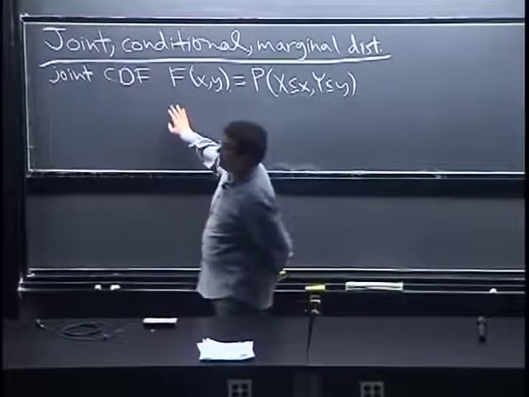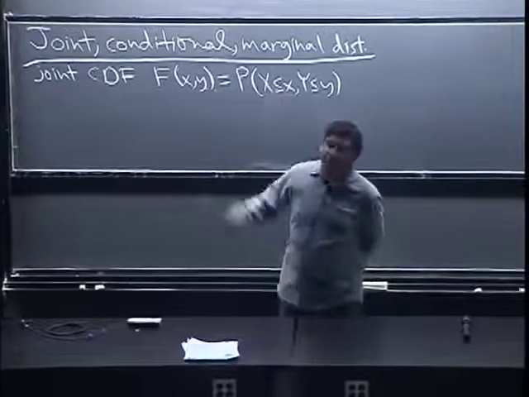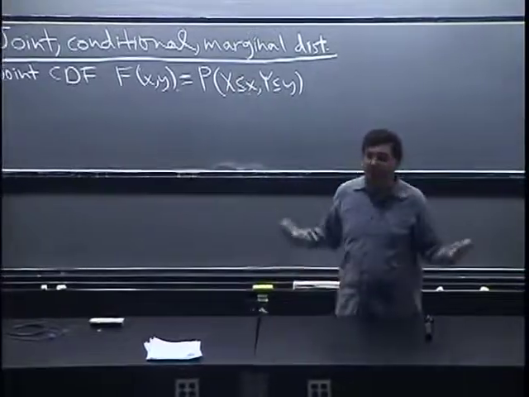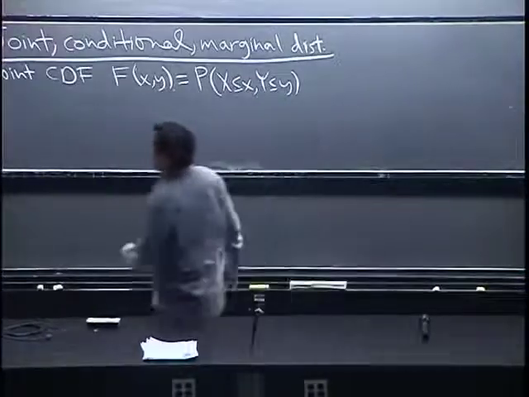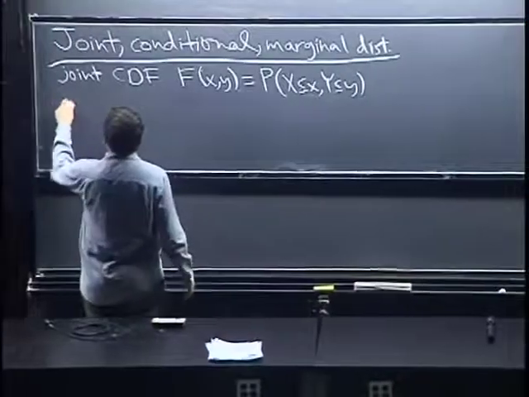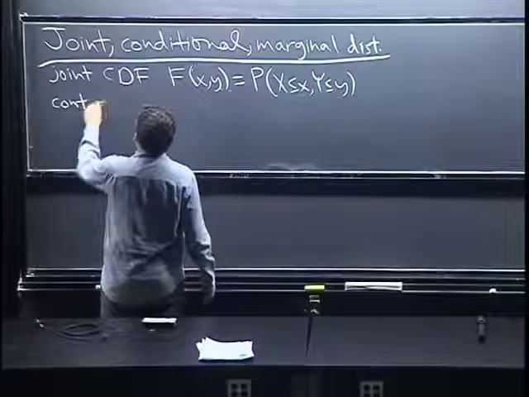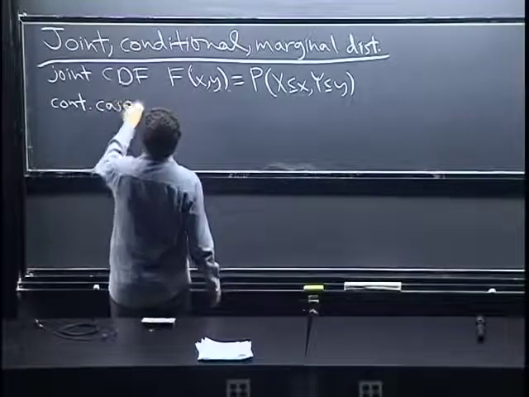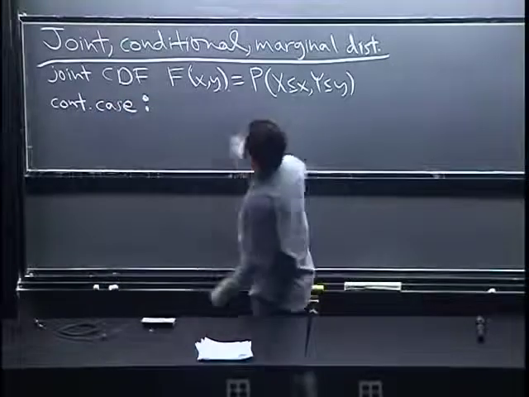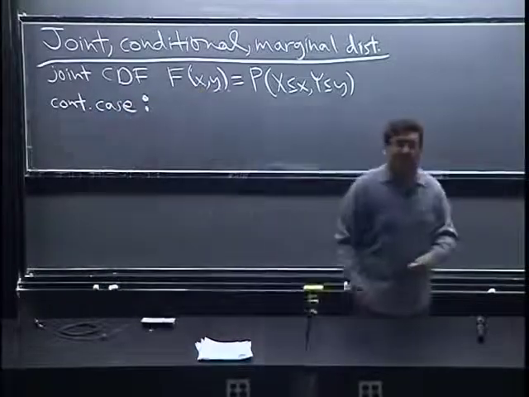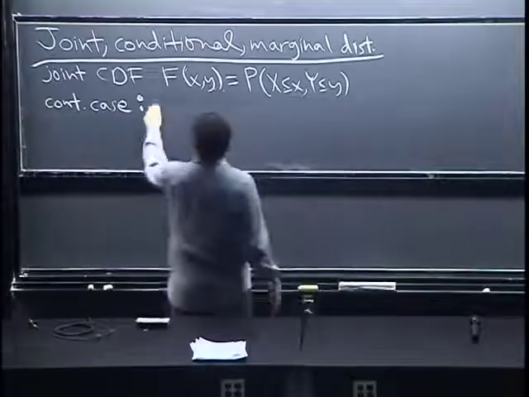That always makes sense. They can be discrete, continuous, mixtures of discrete and continuous, or anything. In the continuous case, we have a joint PDF, which I talked a little bit about, but I don't think I wrote down how to get from the joint CDF to the joint PDF.